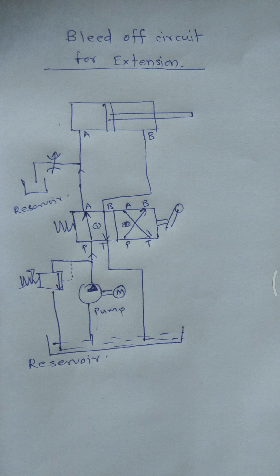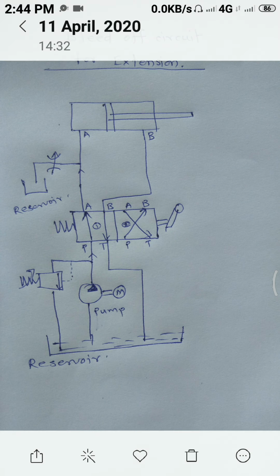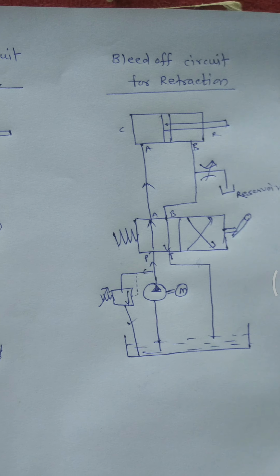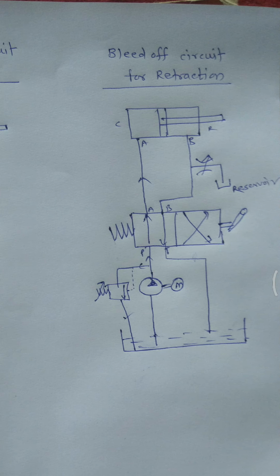When extension is occurring, pressure increases because of the load on the rod or on the piston, and that is why some fluid is bypassed through the flow control valve. But in the case of retraction, it follows the least resistance path, so the retraction stroke is a faster one. Now we have another circuit, the bleed-off circuit for the retraction.